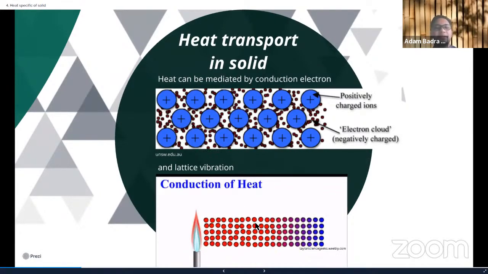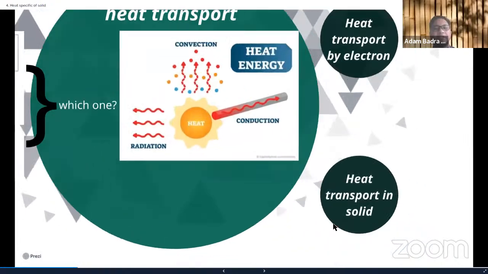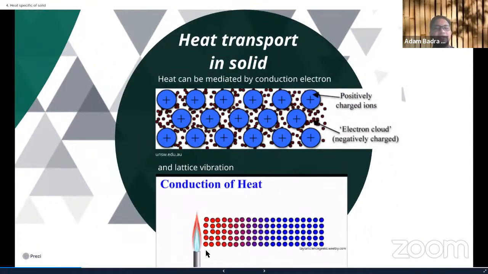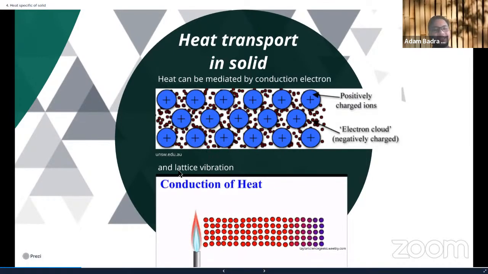If you look at the bottom animation, the heat can be transferred not only by electrons but by protons. For example, the nucleus, the proton, doesn't move really fast, it doesn't really move anywhere, but it vibrates. In a solid, protons are placed periodically, usually called a lattice.